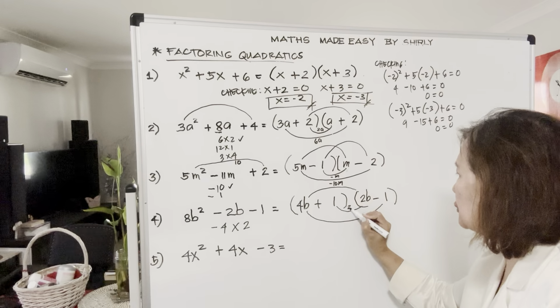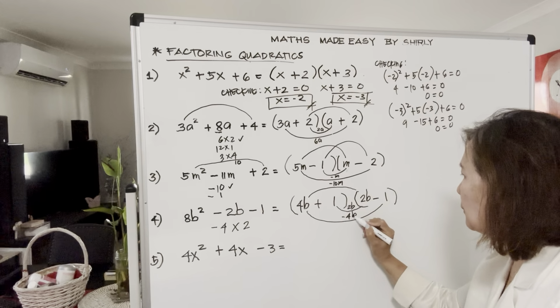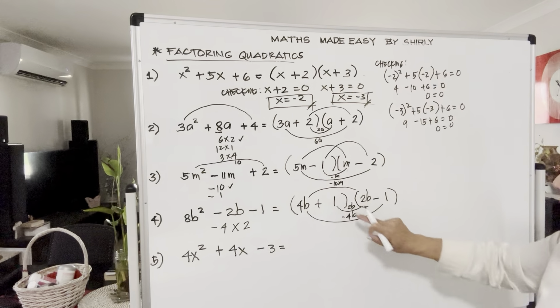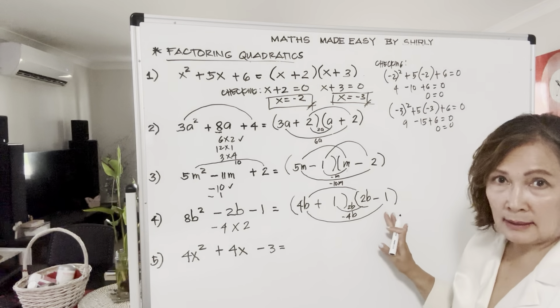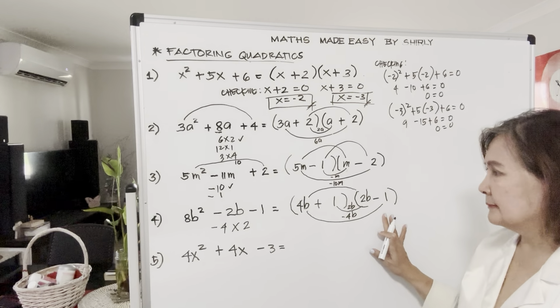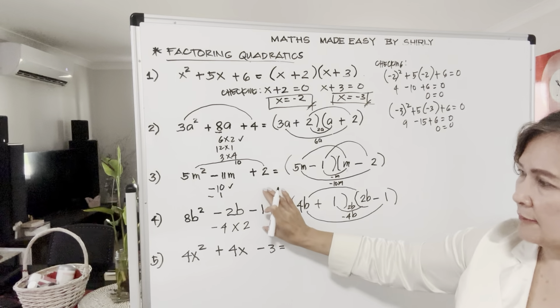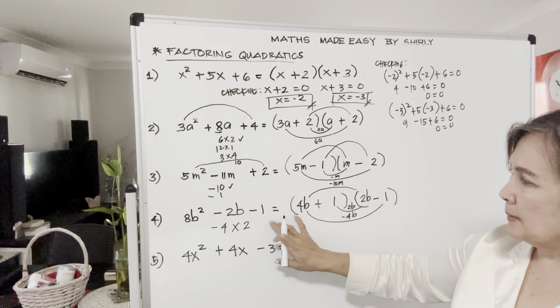So this is 2b, negative 4b. When you add these two, that becomes negative 2b. Positive 1 times negative 1, that is equal to negative 1. Therefore, these are the two binomial factors of this given trinomial 8b squared negative 2b negative 1.